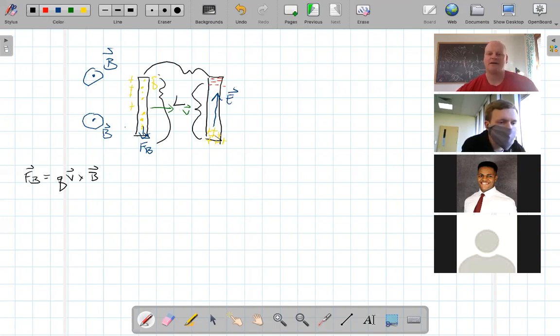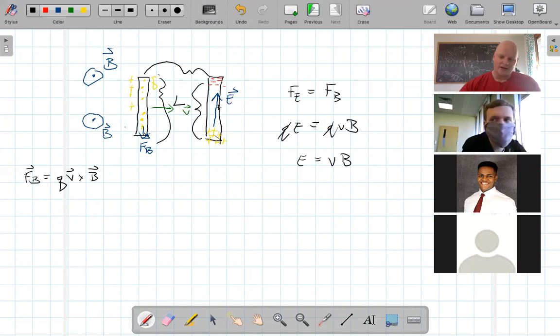So eventually the electric force is going to equal the magnetic force, which means that Q times E is going to be equal to Q times V times B. So the Q's are going to cancel, which means in this case that the electric field is going to be equal to the velocity times the magnetic field.